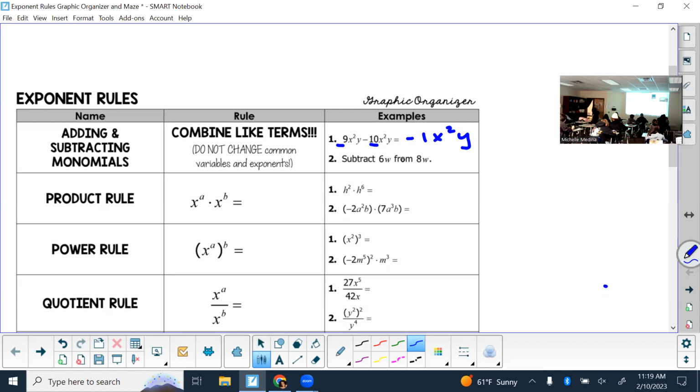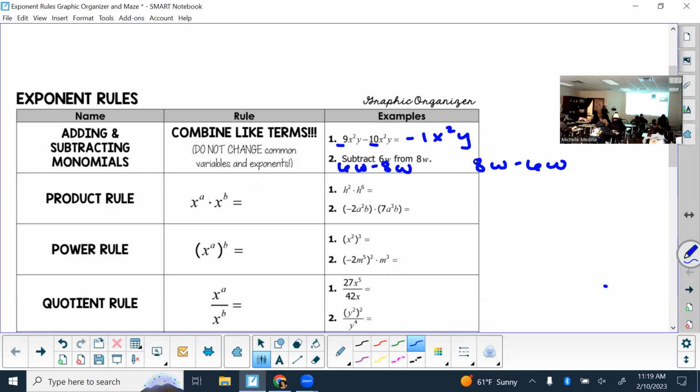Down here, we're subtracting 6w from 8w. So is it this that I am doing, or this, which comes first when it says we're subtracting 6w from 8w? Okay, I heard both answers. Some other people chime in. When you're subtracting from something else, "from" is what we call a switch word.